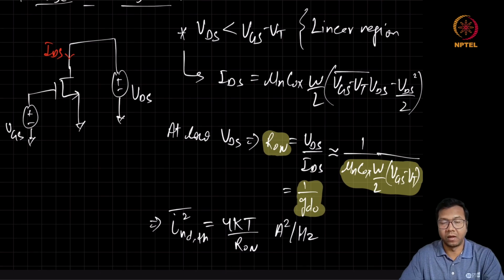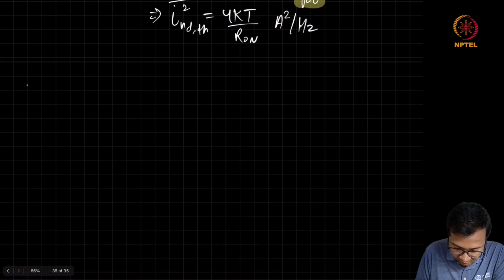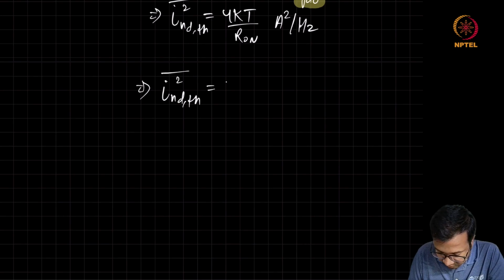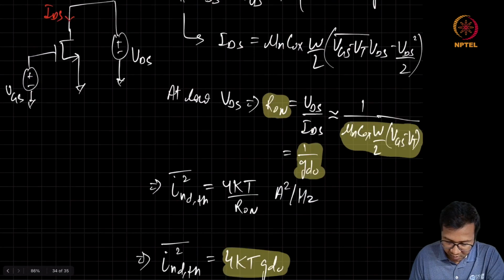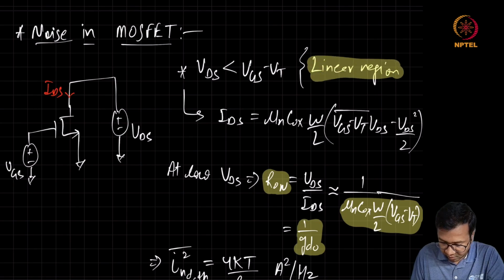This is the drain current noise PSD due to thermal noise. We can rewrite this as PND thermal is equal to 4 kT GD naught.